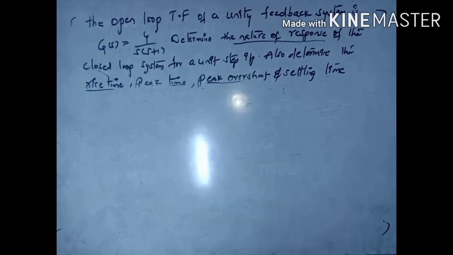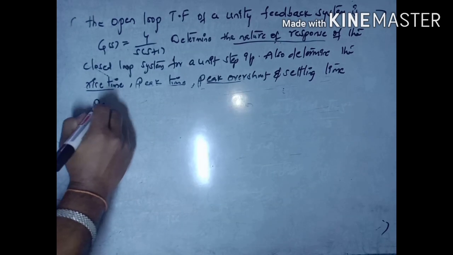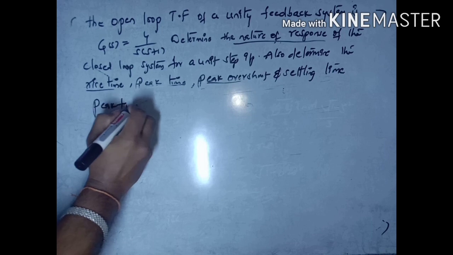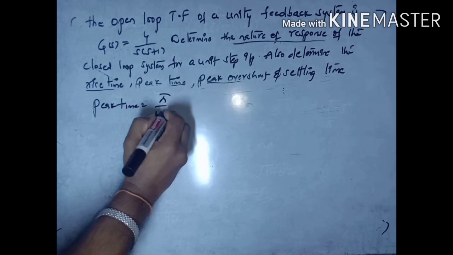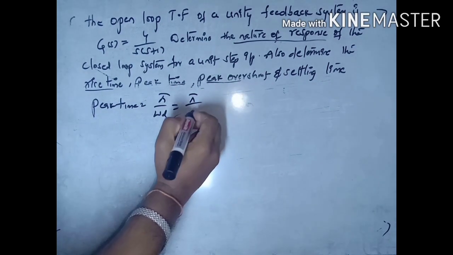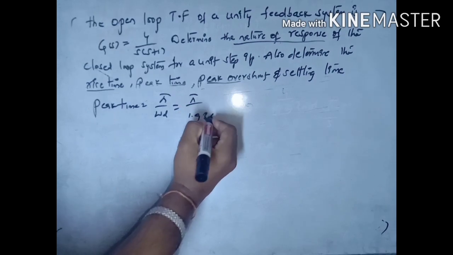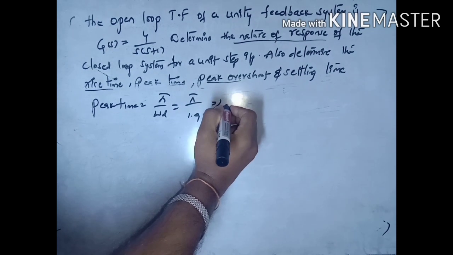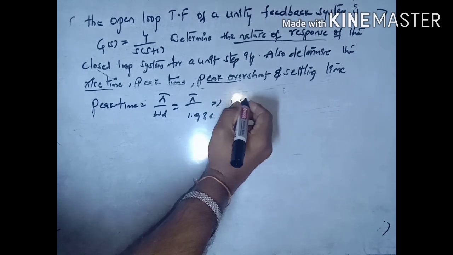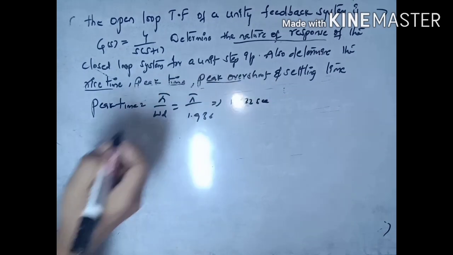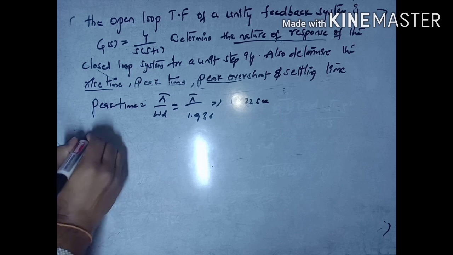Next we will calculate peak time. Peak time equals pi / omega d. The omega d value we have already calculated, 1.936, so the overall value is 1.622 seconds. Next we will calculate peak overshoot.